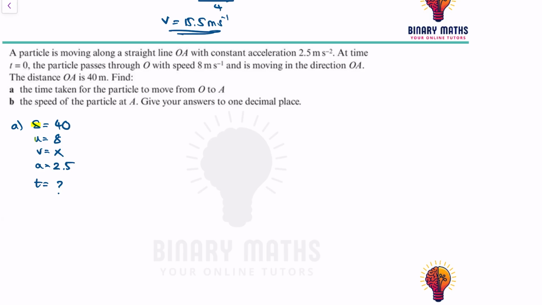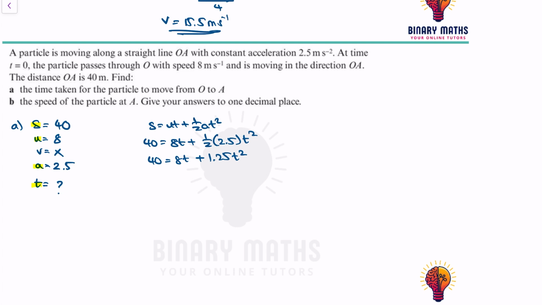So we've got S, U, A, and T. So that means S is equal to UT plus half AT squared. So 40 is equal to 8T plus half times 2.5 times T squared, which means 40 is equal to 8T plus 1.25 T squared.